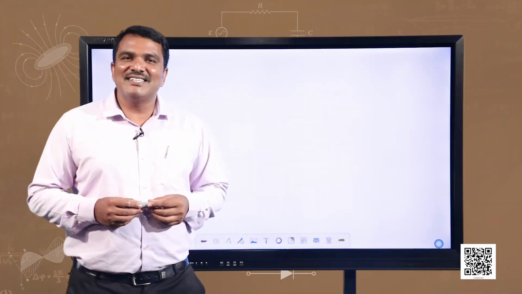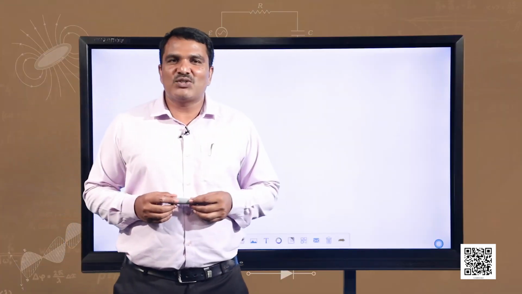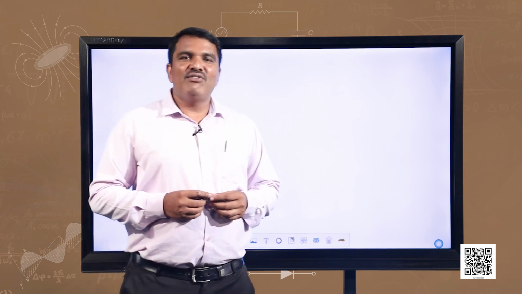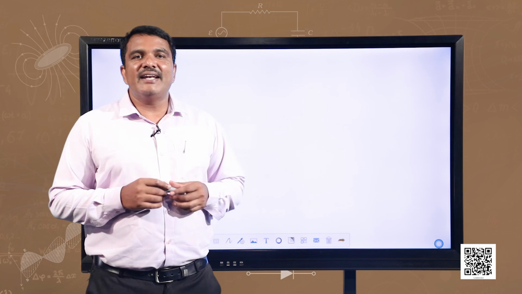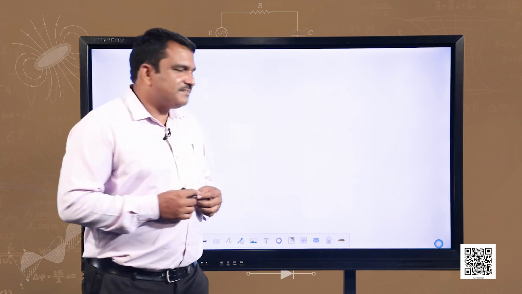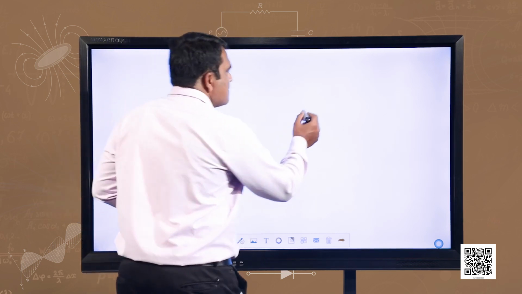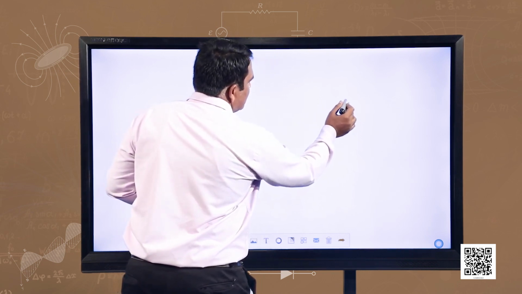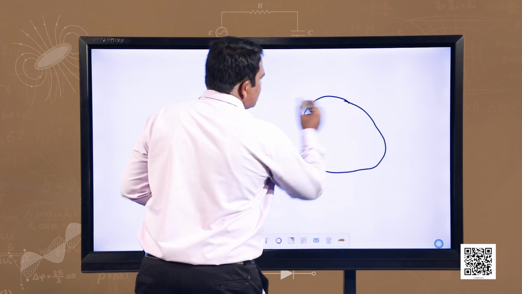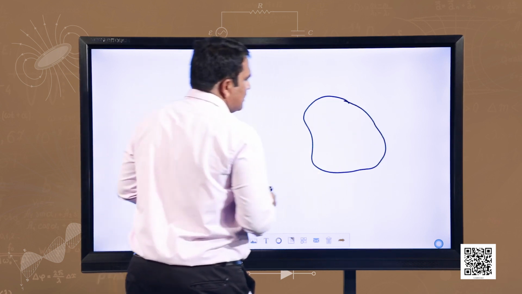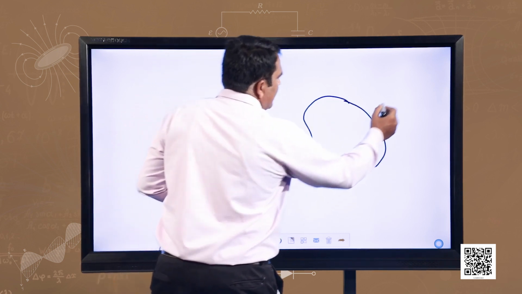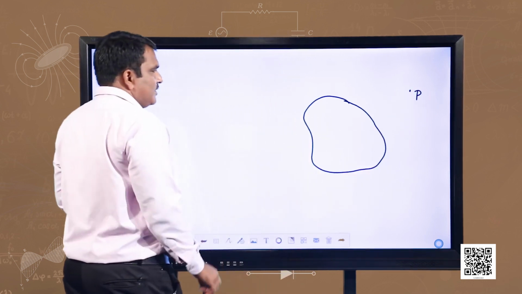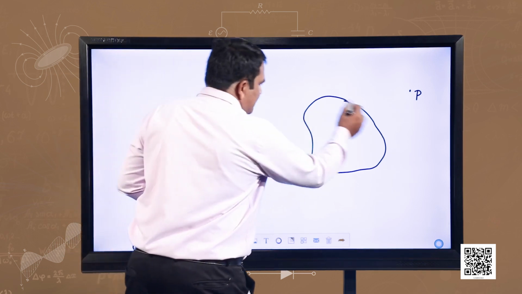Now, let us consider a charge q which is continuously distributed over a surface S, and we wish to find the electric field at any point. Suppose this is any surface and we wish to find the electric field at point P due to this surface charge.